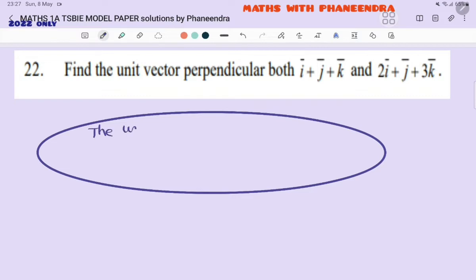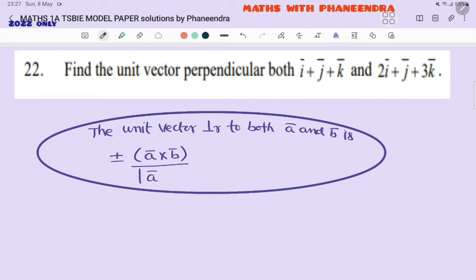The unit vector perpendicular to both A bar and B bar is plus or minus A bar cross B bar divided by modulus of A bar cross B bar. So we need to calculate the cross product of A bar and B bar and the magnitude.